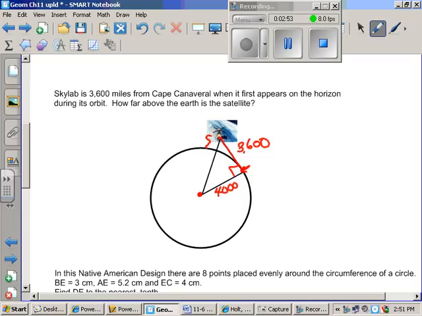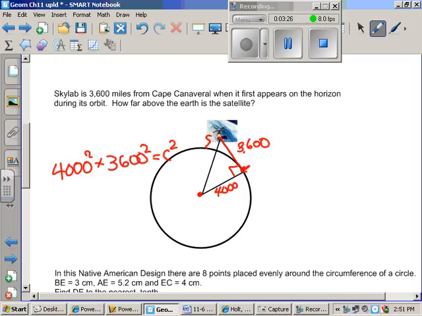So we can use the Pythagorean theorem, easy peasy. The radius is one of the legs, that's 4,000. The distance to the satellite is the other leg, 3,600. You can solve for the hypotenuse and then subtract, or you can use 4,000 plus x, the distance we're looking for.